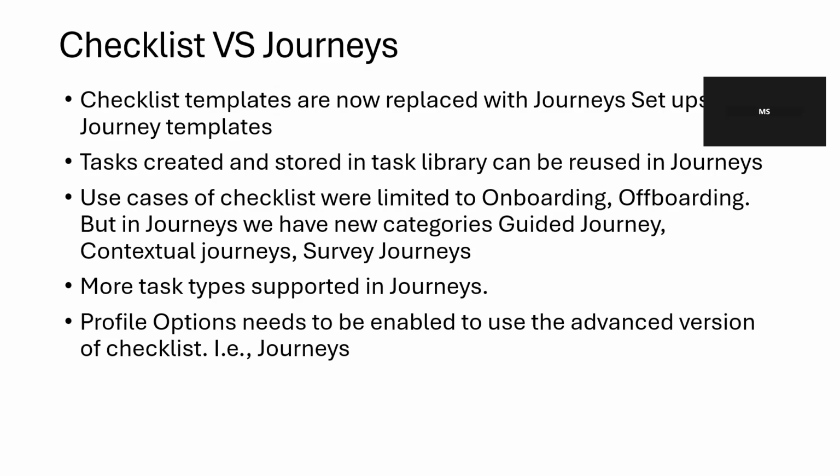Before we migrate, it's important that we understand the difference between checklist and journeys. If there is any business currently making use of checklist, they already have a checklist associated with it, and they've been using the available task types, like manual tasks.